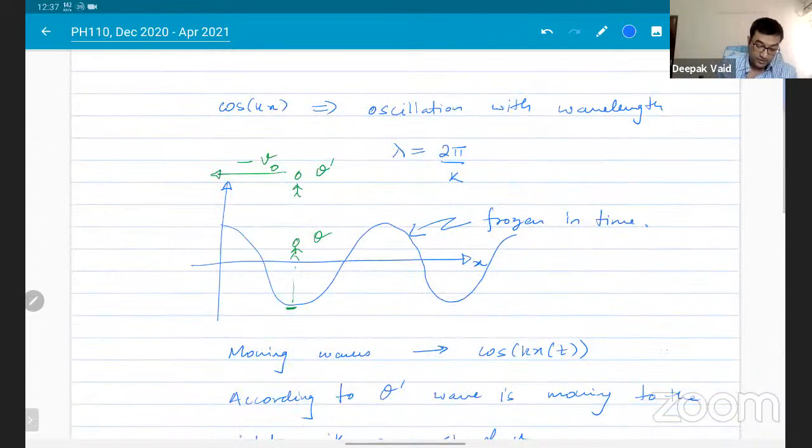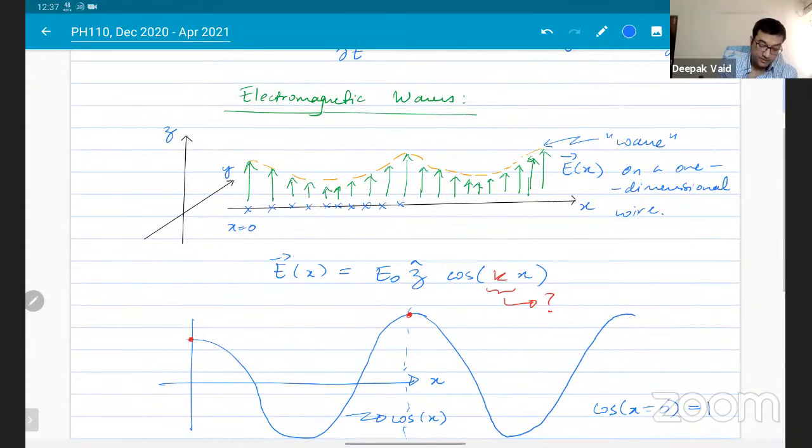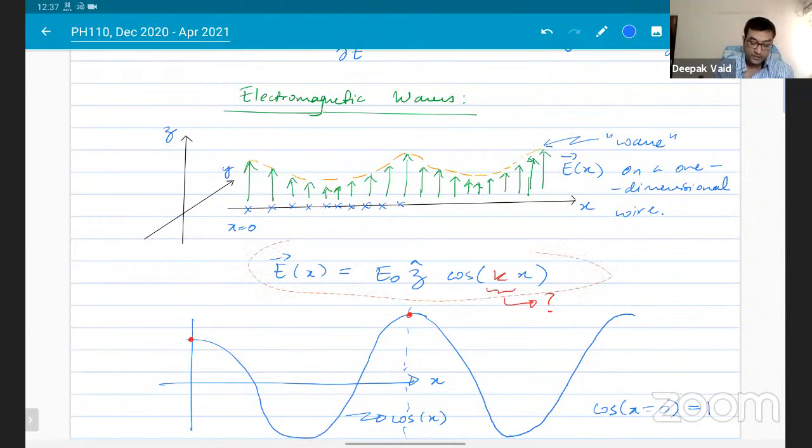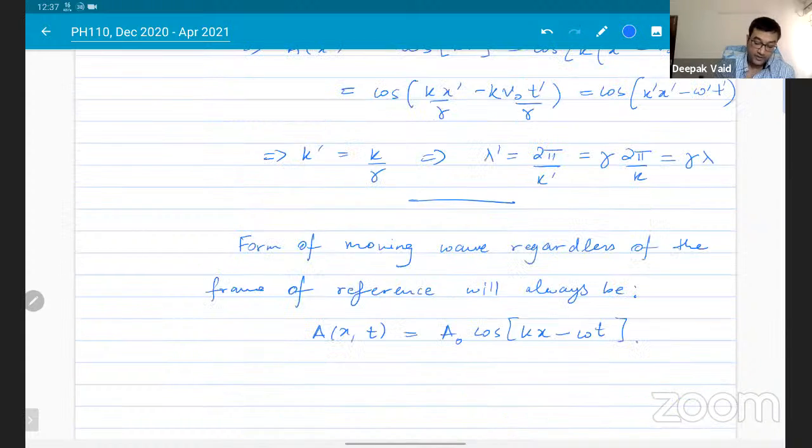So here, when I talked about this electric field, I wrote it down in this way, that this wave is some vector E naught times z times cosine kx. Now I want to say that I have a moving electromagnetic wave. So I can do that now.